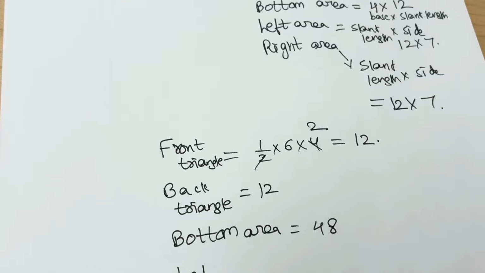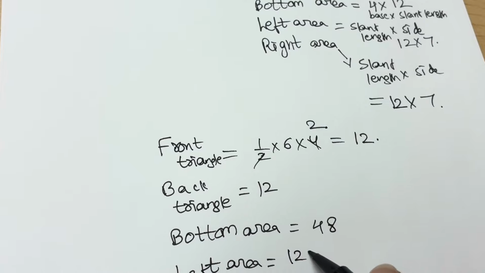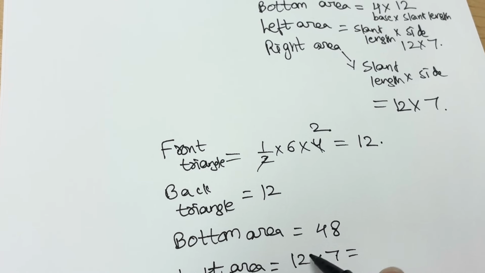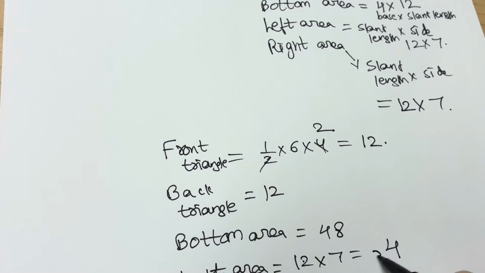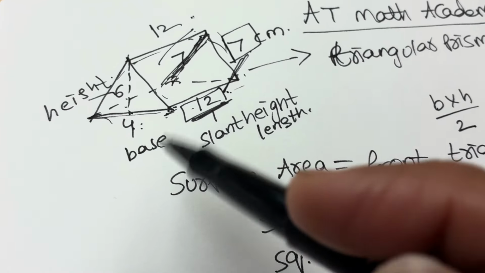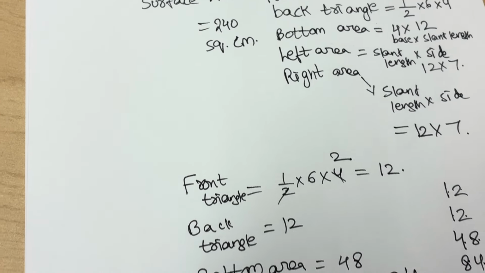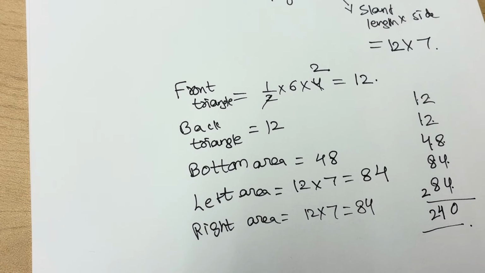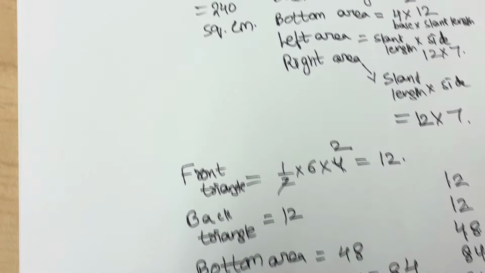And for the left area, I have 12 into 7, which is 7 times 2 is 14, and 1 carry, 7 times 1 is 7, and 84. So this is the total glimpse of the problem for calculating the triangular prism, and the total answer would be 240 when you add up everything.